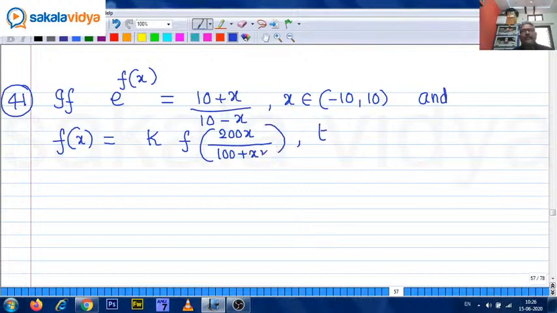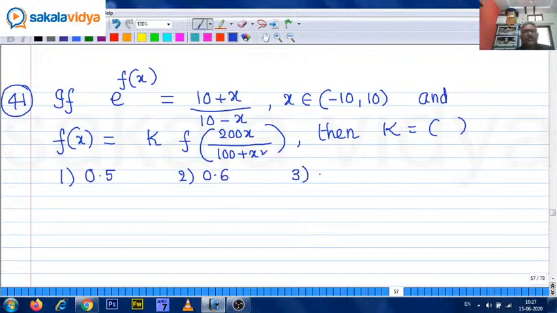Then k equals to: first option 0.5, second option 0.6, third option 0.7, fourth option 0.8. This is the question.